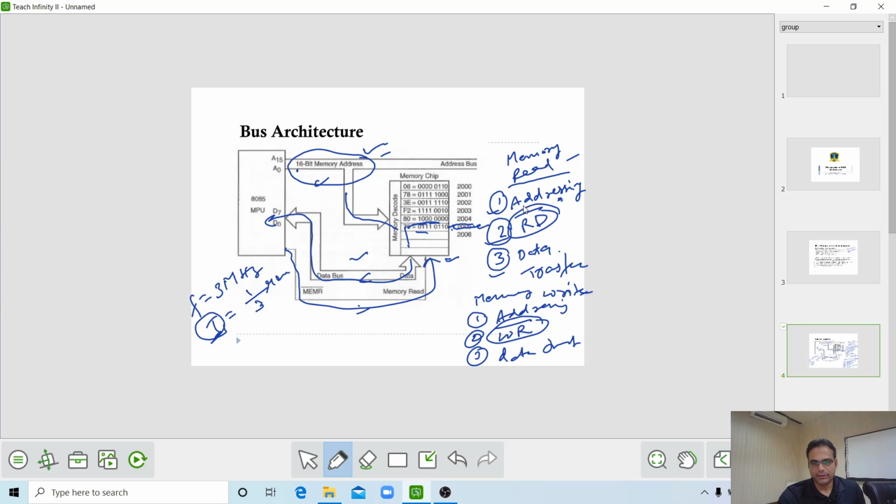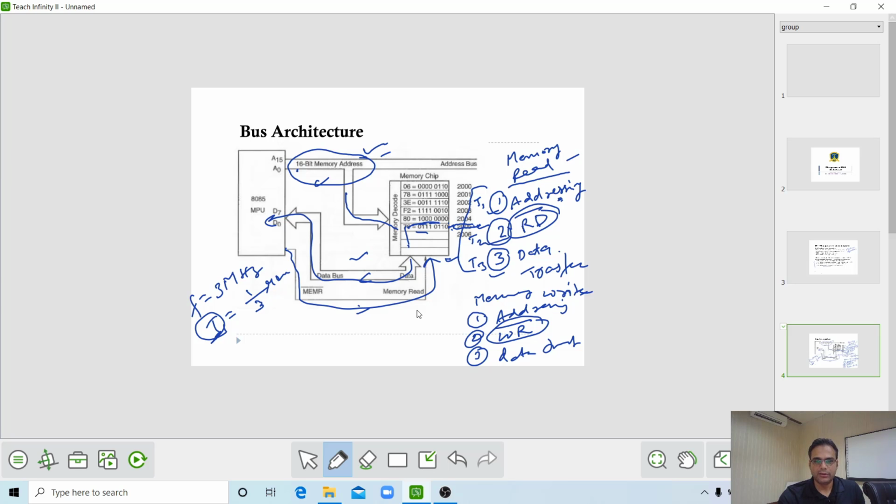In our case, the memory read operation is performed in 3 steps. Addressing is performed in the T1 time cycle, the read signal is performed in another time cycle T2, and then data transfer takes place in the T3 timing cycle.